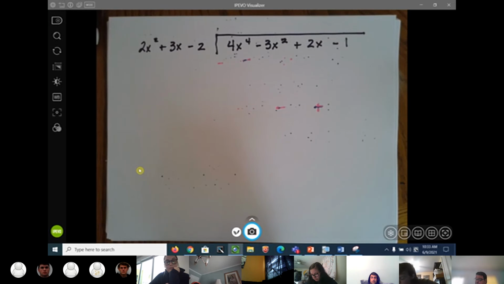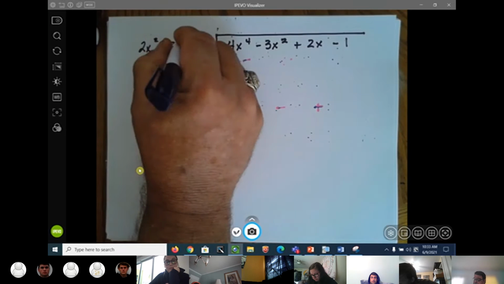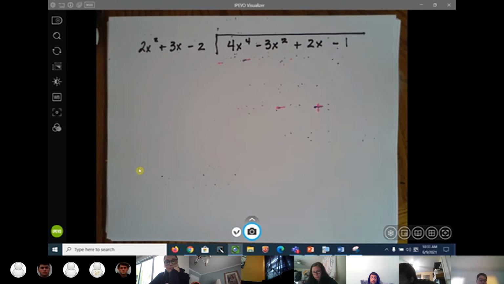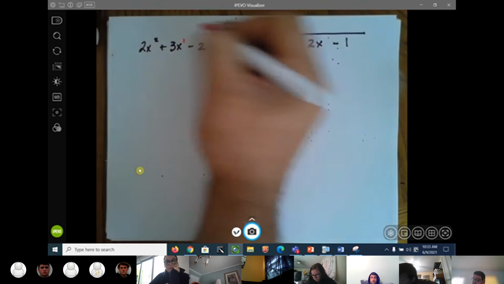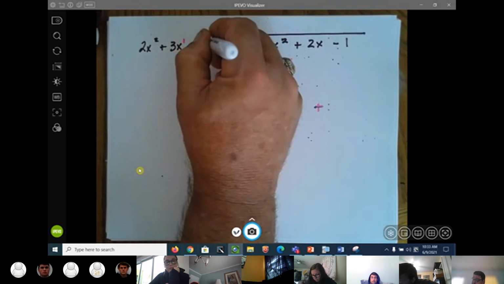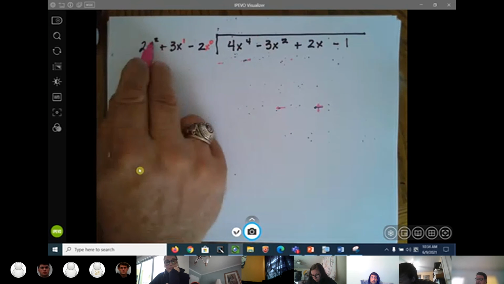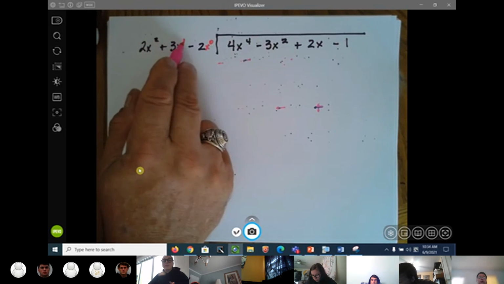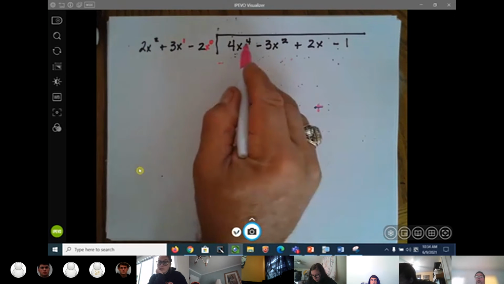All right, so do we have anything missing? Well, let's look. This is x to the first. I'm going to do this in a different color so you can say, okay, this is what we need to do first. That's to the first. That's to the 0. So that's good because this is a 2. 2, 1, 0. This is a 4.